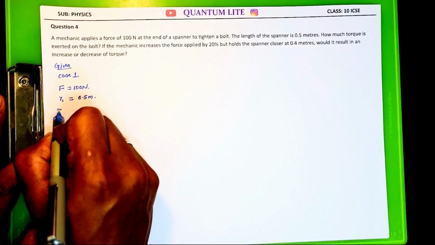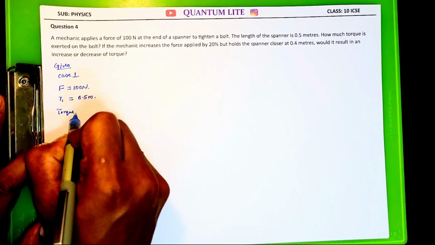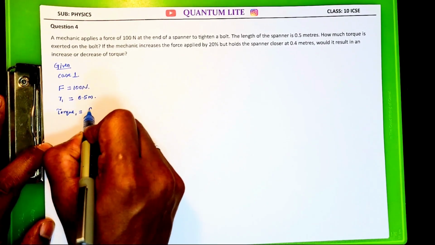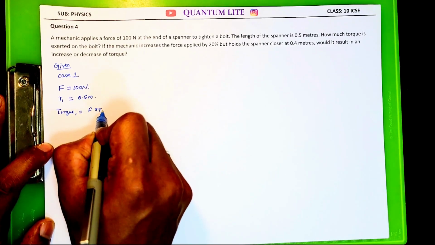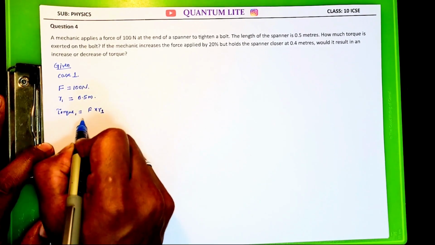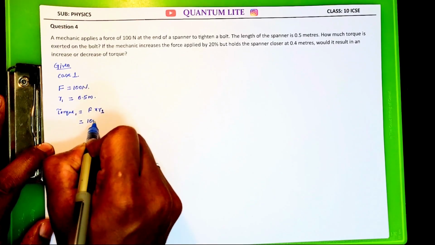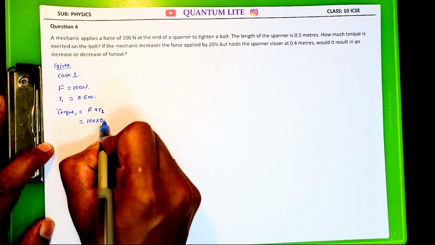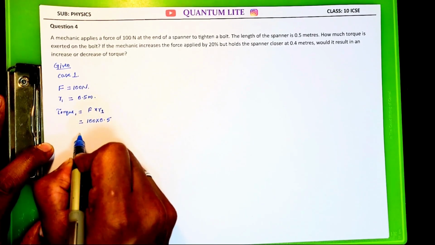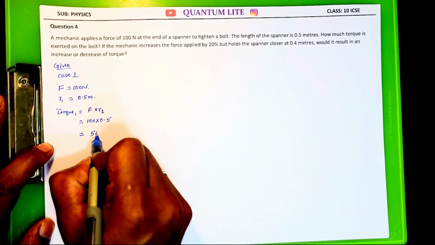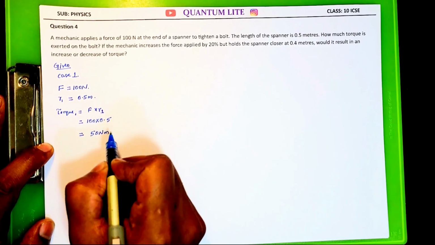So let us calculate the torque 1. Torque 1 is equals to force into perpendicular distance, that is equals to 100 into 0.5, that is equals to 50 Newton meter.